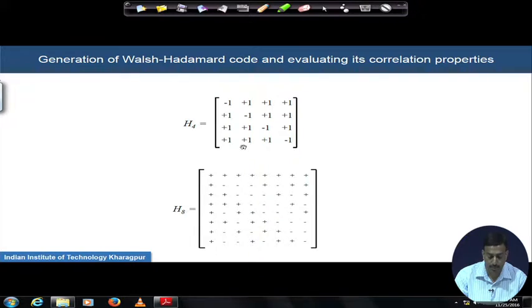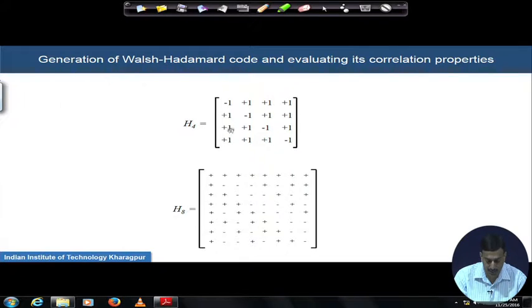As far as cross correlation is concerned, the idea is to multiply two different rows, or two different codes, element by element and then sum it up, which will give us the cross correlation. So we will also see what peculiar property the Hadamard set of codes follows.